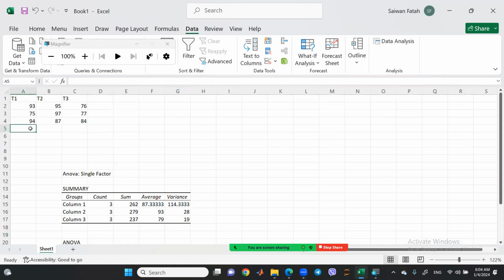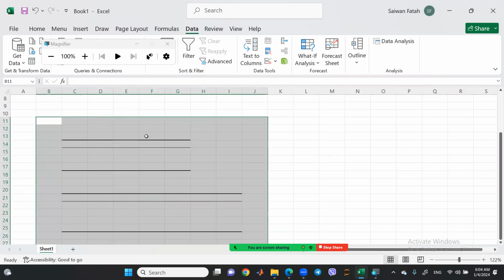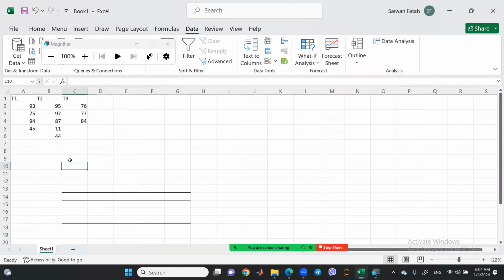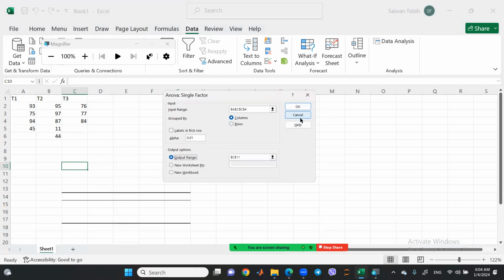Let's take, let's say, 30, 45, 11. Look, we have different numbers for each level. Okay? Now, we do the same. Let's delete this one first. We click on data analysis. Then it's the first one, ANOVA single factor.